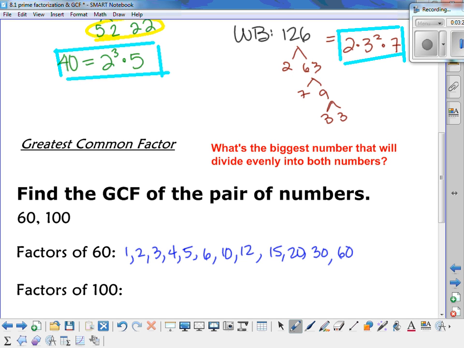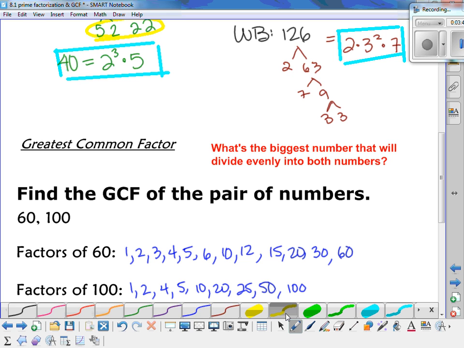And if I write out the factors of 100: 1, 2, 4, 5, 10, 20, 25, 50, and 100. So the greatest common factor is the biggest number that's on both lists.